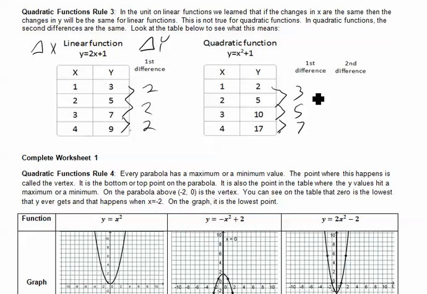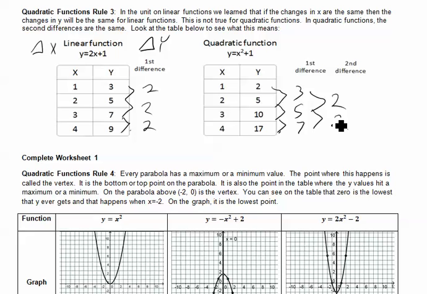Now if we take a look at how much these go up, this goes up by 2, this goes up by 2. We call the first set of differences the first difference. We call the second set of differences the second difference. In a quadratic function, the second difference is going to be the same.